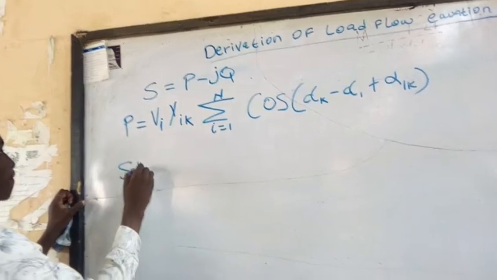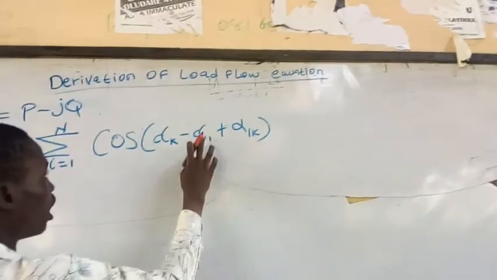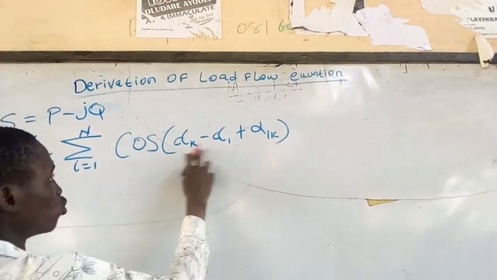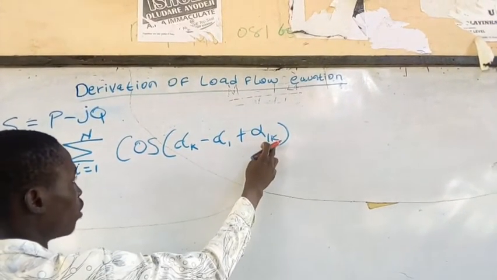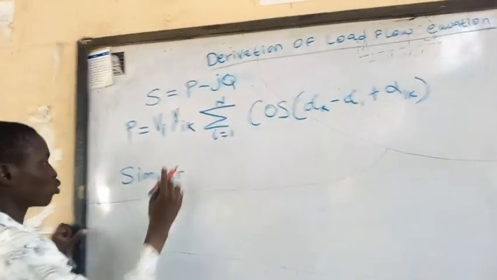Similarly, I know that you know why this page is i now, because this page is 1. And this page is what? Is 2. This page is what? 1, 2, d12, alpha 12. So where i is equals to 1, k is equals to 2.